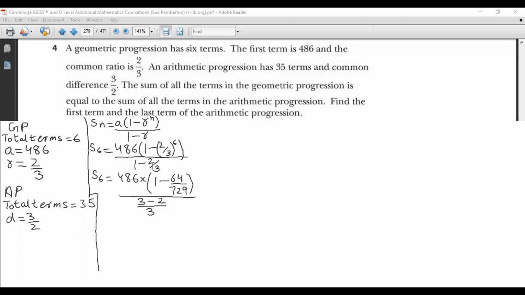Okay. Now simplifying it further. So what is going to happen over here?